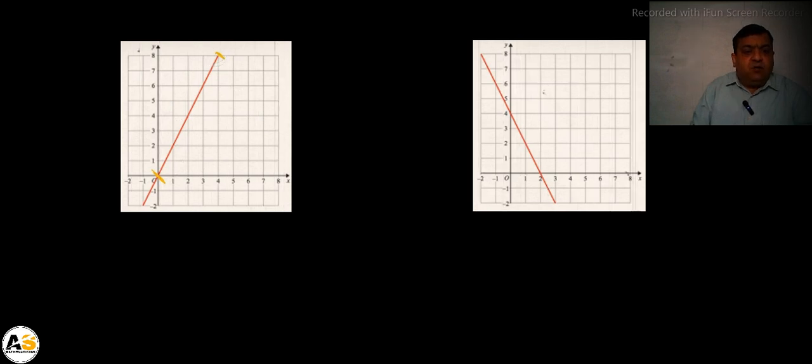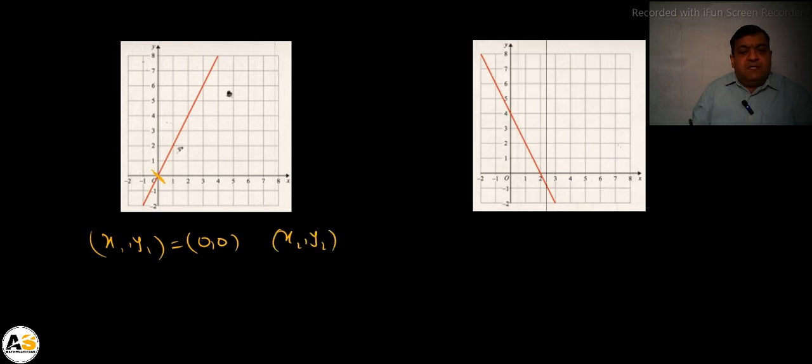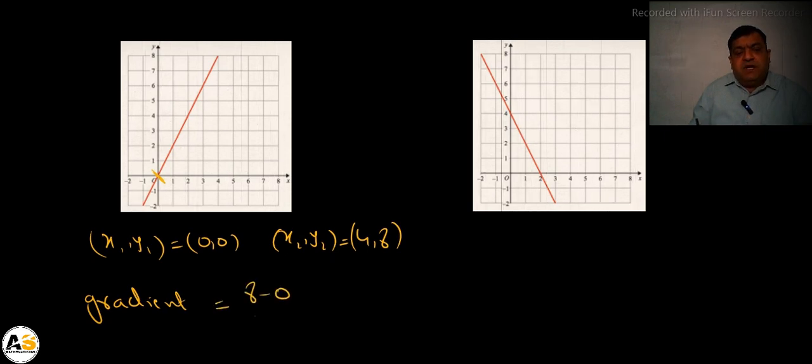I am highlighting 2 points. This point is 0, 0 and this point is 4, 8. So x1, y1 is 0, 0 and x2, y2 is 4, 8. Now we can find the gradient by using the same formula, y2 minus y1 over x2 minus x1, 8 over 4, which is 2.